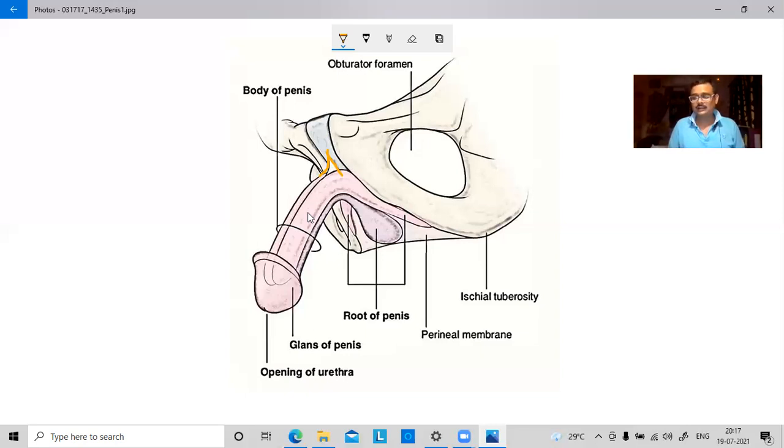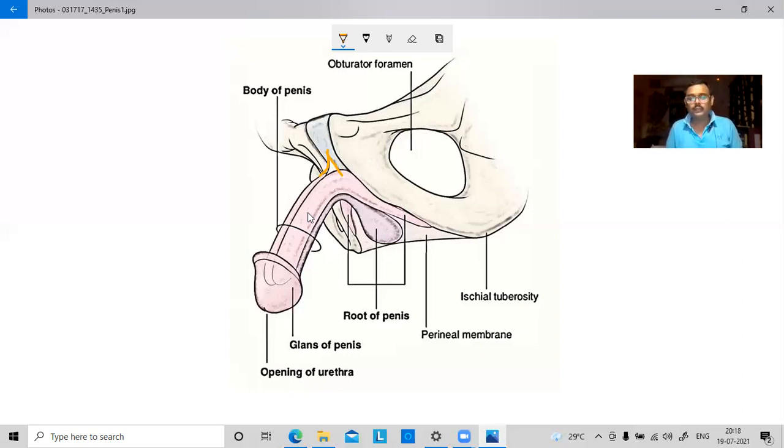There will be contraction of these structures. Also, the L1 segment supplies the trigone of the bladder, so the trigone muscle of the bladder also contracts. Now with the contraction of the vas and all that part, there will be flow of semen through the channels, and subsequently it will be released within the prostatic part of the urethra.